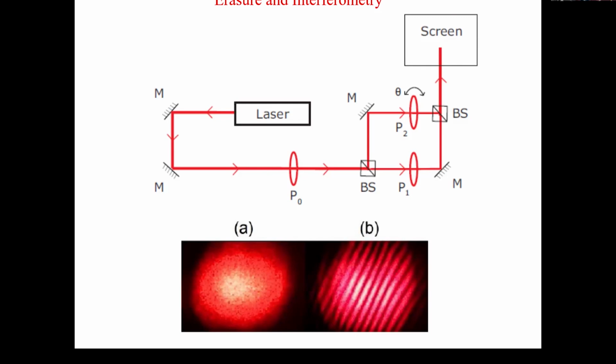So I can destroy interference by measuring the path. And the path is measured by correlating with the polarization. This is how most of these experiments are done. You measure the path by correlating with the polarization. So this is classical interferometry. The high level answer is that individual path and the momentum cannot be discerned simultaneously.